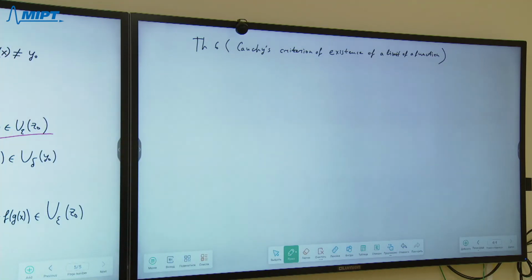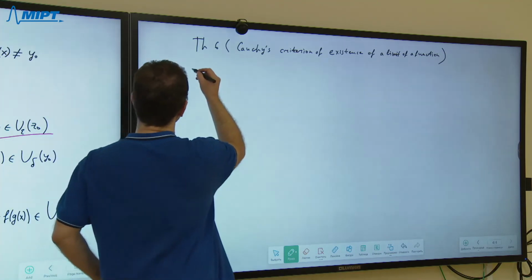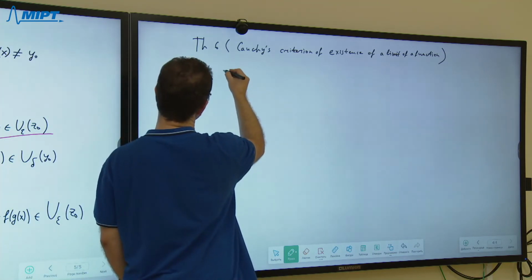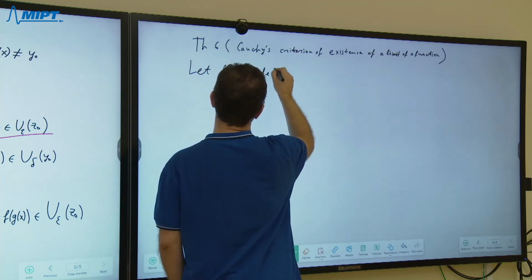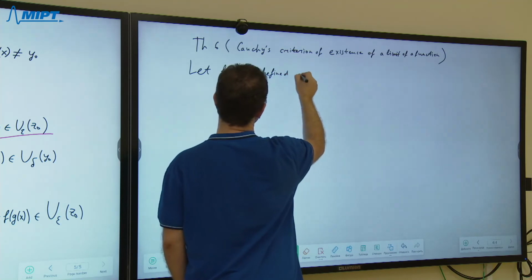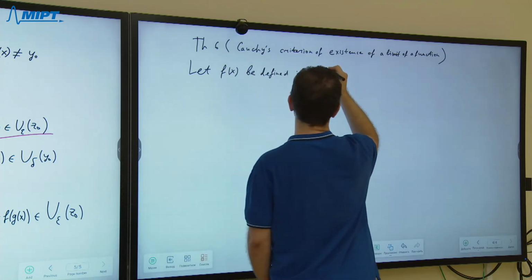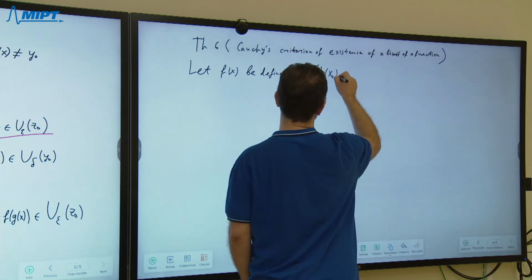Similarly to Cauchy's criterion of existence of a limit of a sequence, we have a criterion for existence of a limit of a function. So let function f of x be defined in some deleted neighborhood of x0.